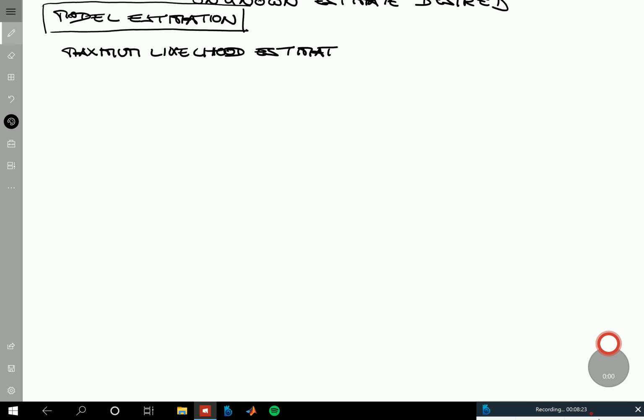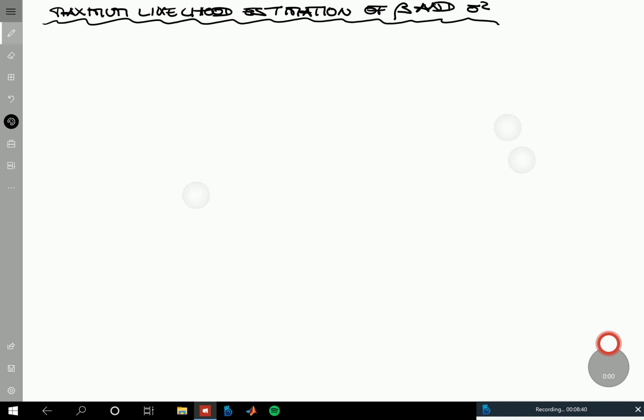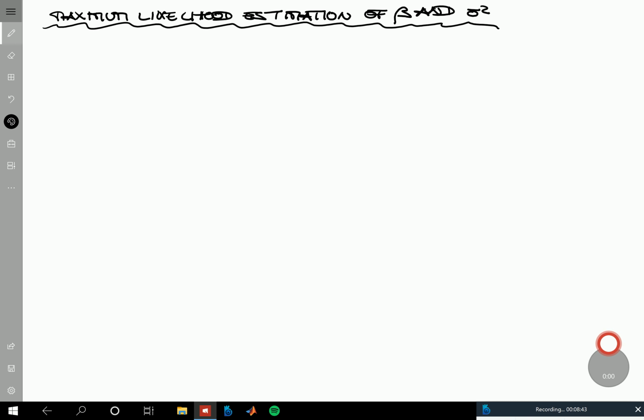Of beta and sigma square, because these are the two parameters that we want to estimate. And one thing you should always keep in mind about statistics in general, whether it's Bayesian or frequentist statistics, is how this thing about the world and the parameters and science works.